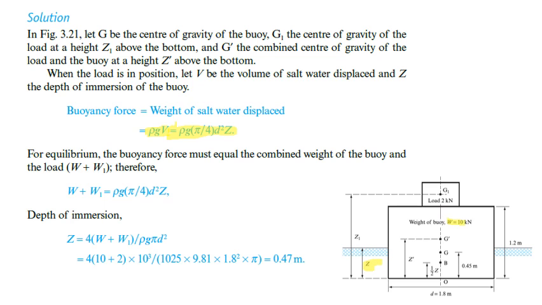This W is 10 kilonewton and W1 is 2 kilonewton. So this buoyant force has to be equal to the weight of the object for equilibrium, and in this equation the only unknown is Z, so rearrange it and substitute all the values and you'll get 0.47 meters.